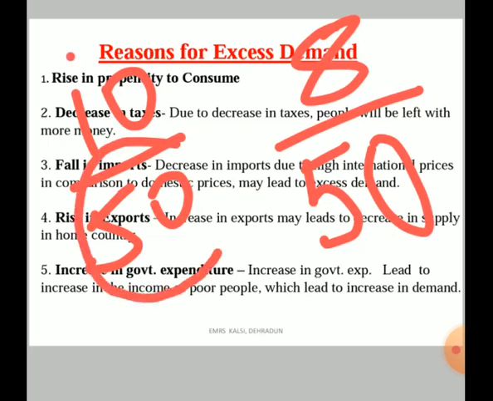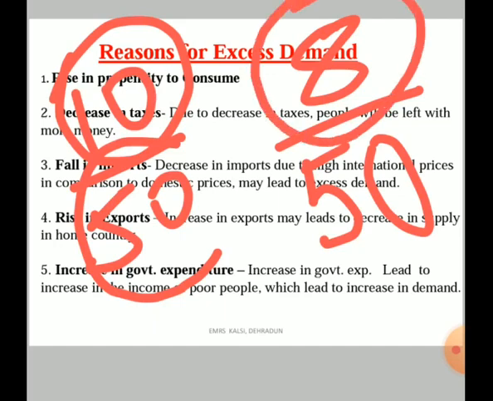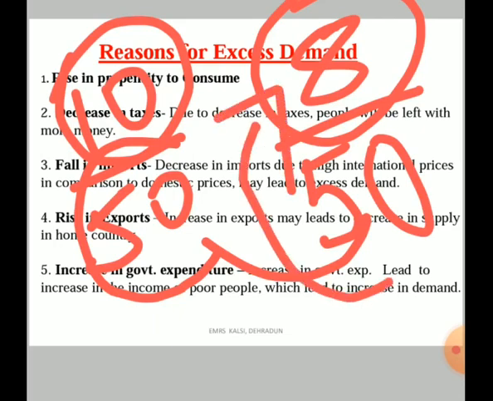Earlier these 10 barrels were fulfilling the demand of the country, but now due to decrease in imports, these 8 barrels are not able to fulfill the demand of the country.